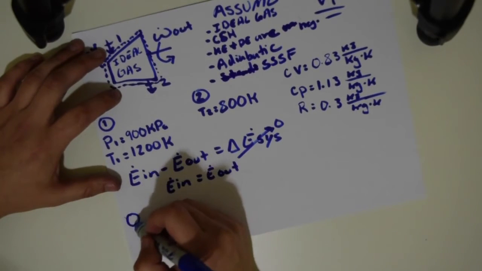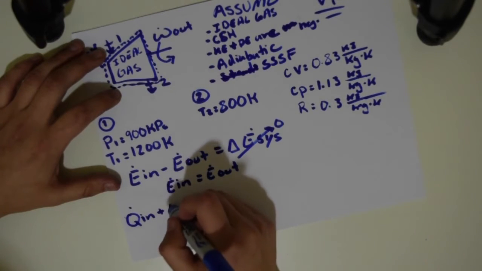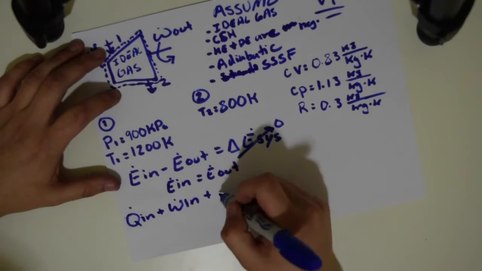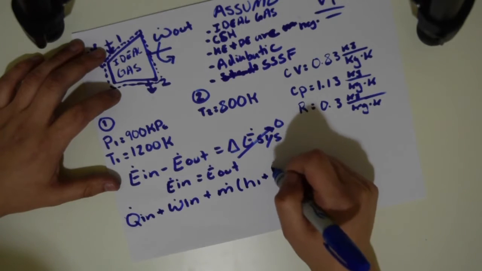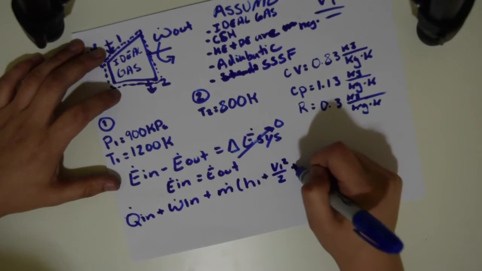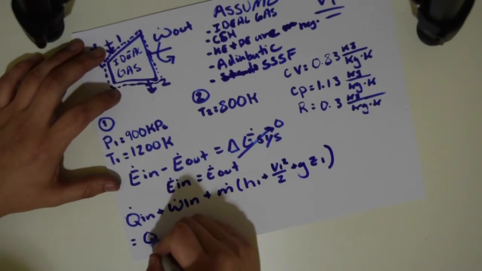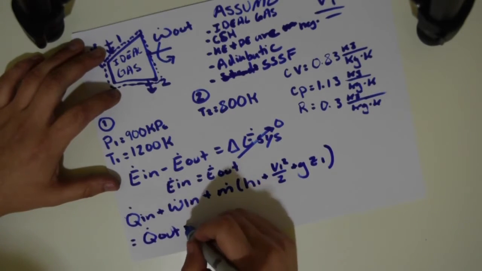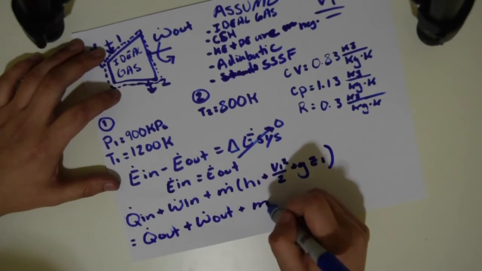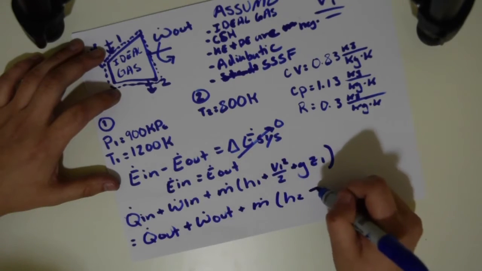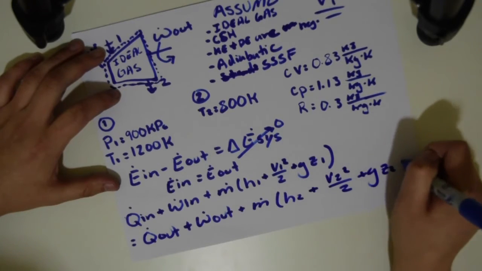We can have all the ins and all the outs: Q dot in plus work dot in plus m dot times h1 plus V1 squared over 2 plus gz1, equals Q dot out plus work dot out plus m dot h2 plus V2 squared over 2 plus gz2.